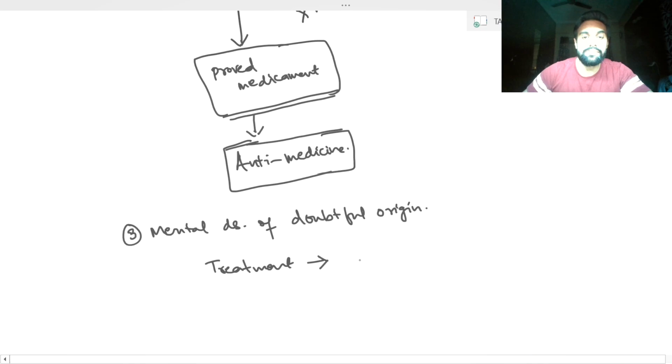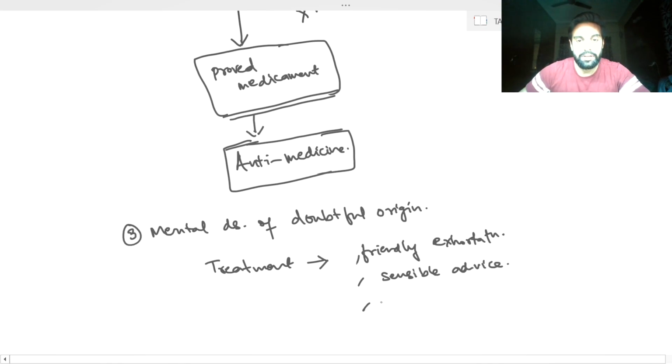The treatment for this will be friendly exhortations, sensible advice, consolatory arguments, and serious representations.